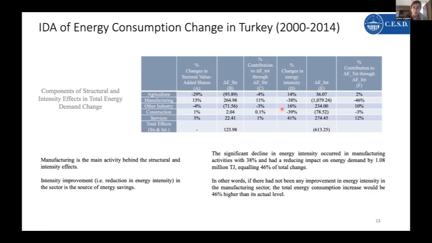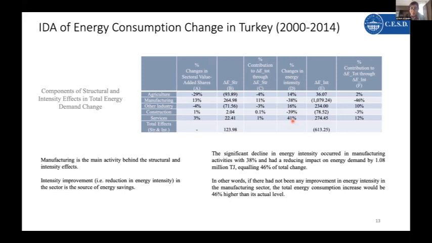In services, the energy intensity increased 41%, and in the other industries, energy intensity increased 16%. And these increases have an increasing effect on the total energy consumption, 12% and 9% respectively.